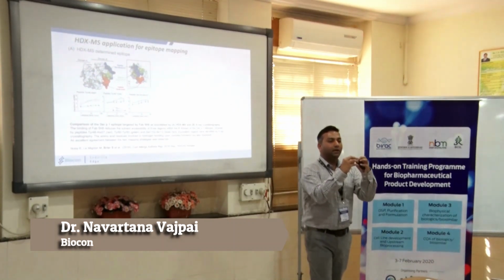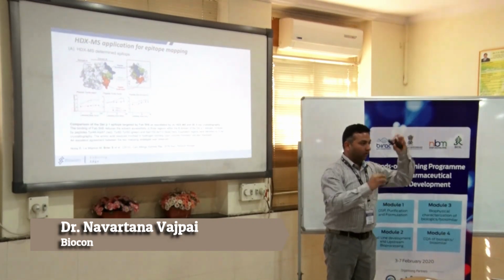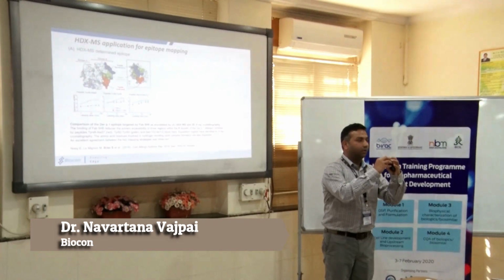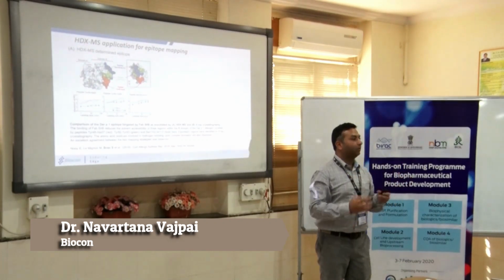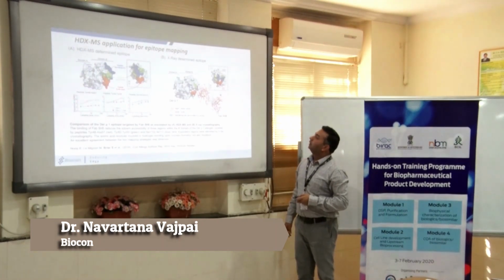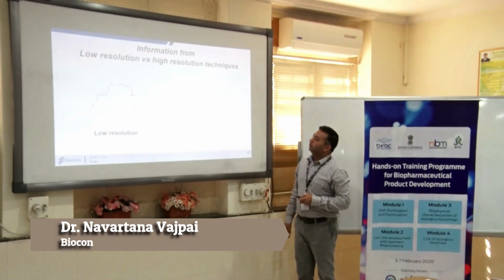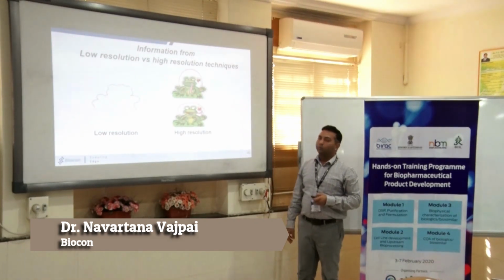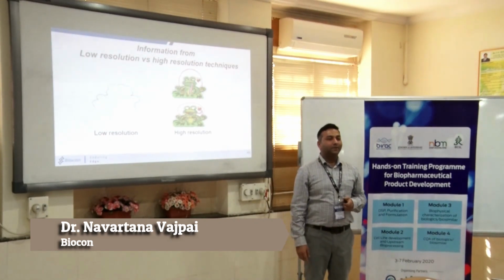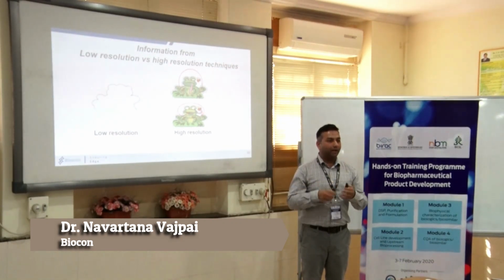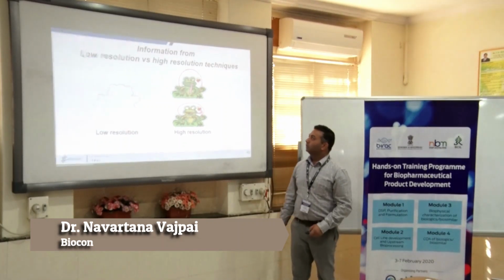So I will immediately see a difference between the free form versus the bound form, and I will be able to identify the epitope of my drug product. Okay, so again, coming back to the same figure, you would require the right tools to identify how the site where the binding happens is different or similar to the innovator.